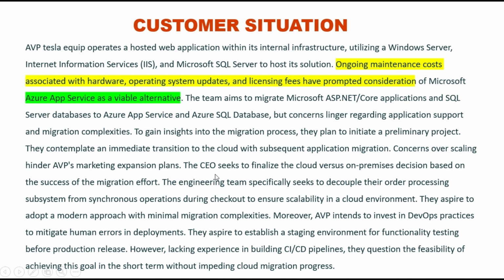The CEO seeks to finalize the cloud versus on-premise decision based on the success of the migration effort. The engineering team especially seeks to decouple their order processing subsystem from synchronized operation during checkout to ensure scalability in the cloud environment. So here we also need a DevOps person.